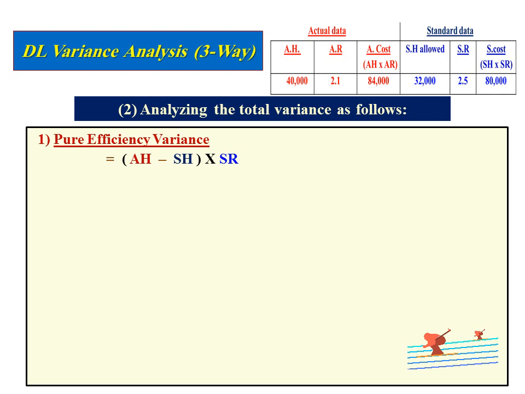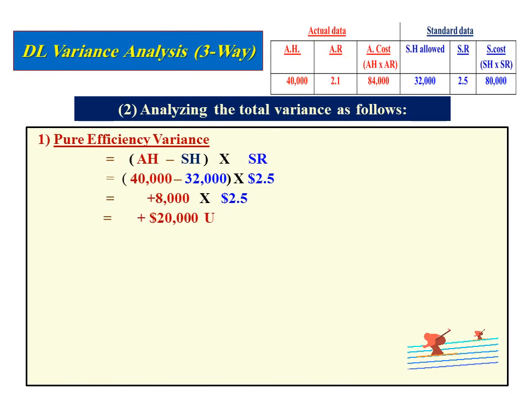So 40 minus 32 equals positive 8, times 2.5, the standard rate, gives positive 20,000 unfavorable. It's efficiency.